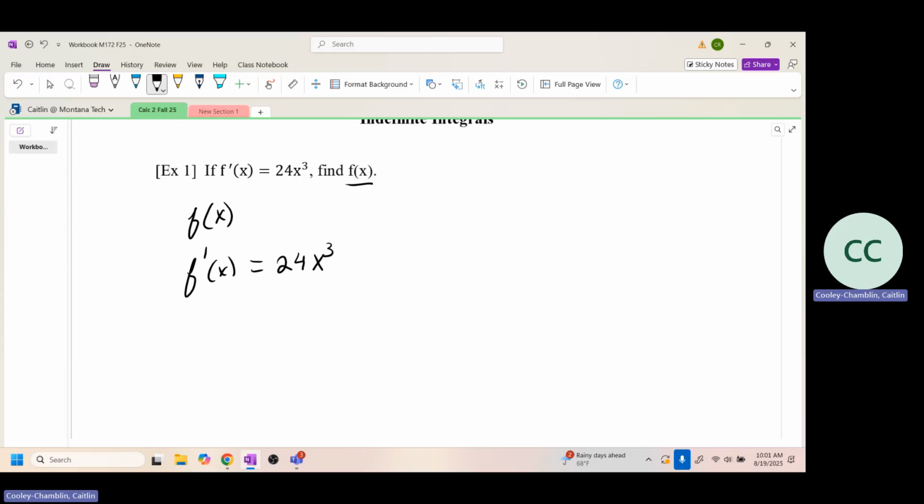So this is what would be before we took the derivative. So what is that original function? The proper word would be antiderivative. And in my videos, I'm going to shorten a lot of words and not spell them out.